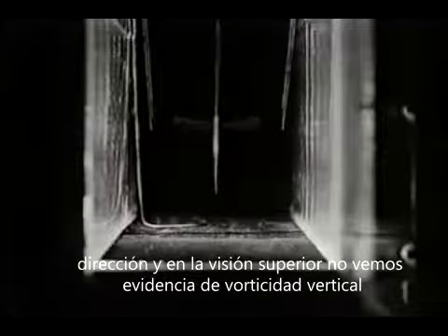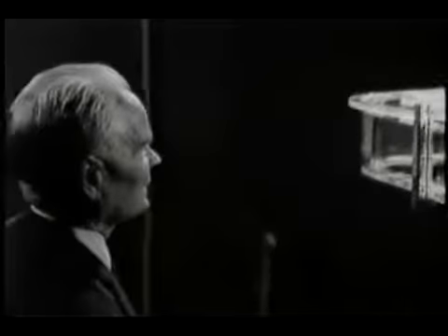And in the top view, we see no evidence of vertical vorticity. But if we look horizontally across the flow, we see that there is vorticity, and it is horizontal and normal to the streamlines.